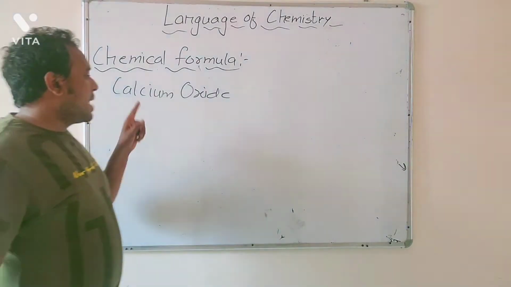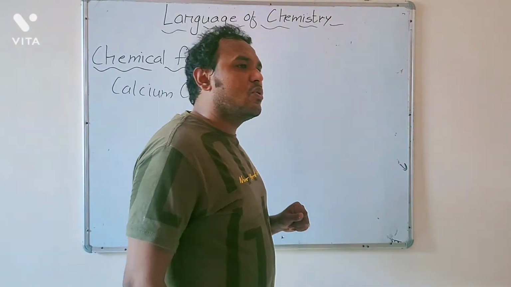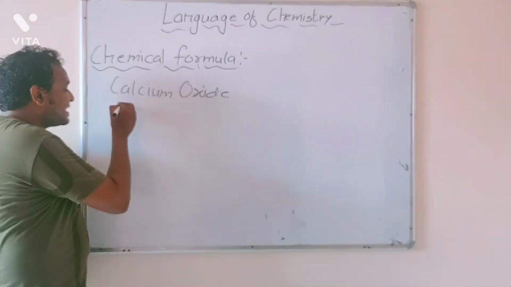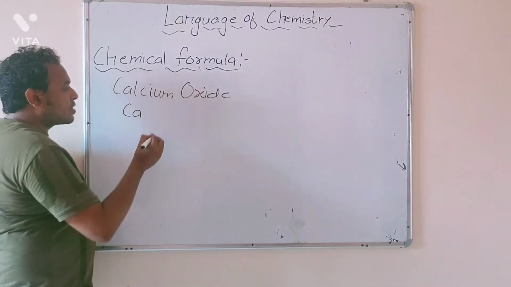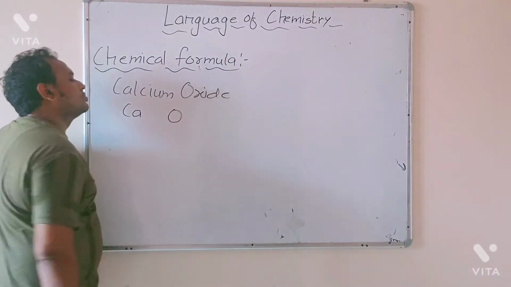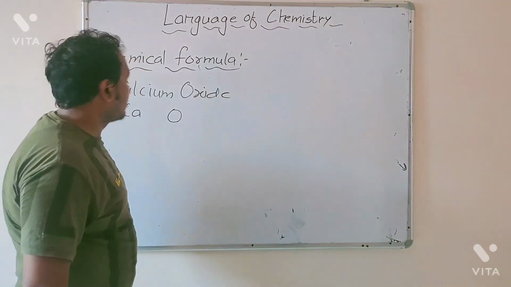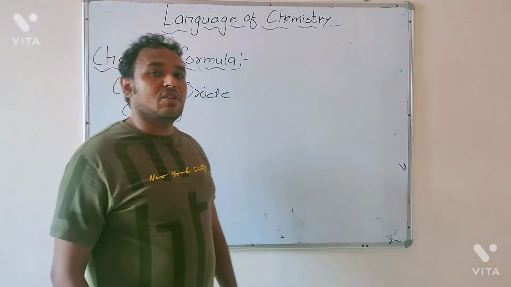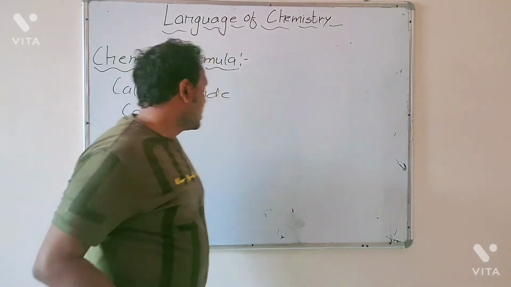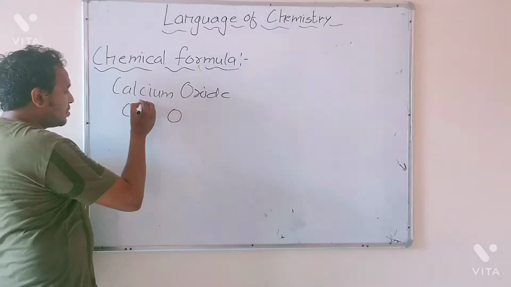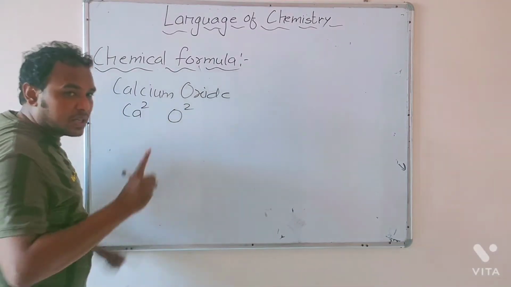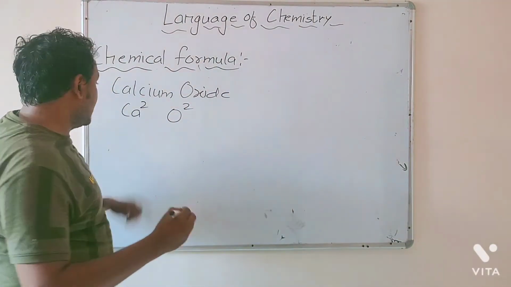To write down the chemical formula of calcium oxide, we should know the symbols. First of all, the symbol of calcium is Ca, while oxide is O. It is just oxygen. Now, second thing, write down their valency on the superscript. The valency of calcium is 2 and the valency of oxygen is also 2. Third thing, crisscross their valencies.